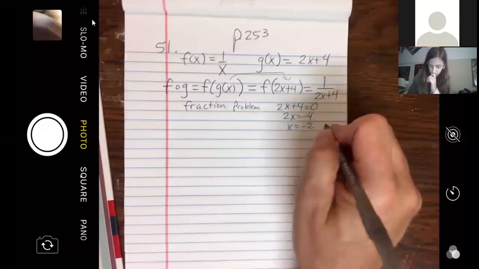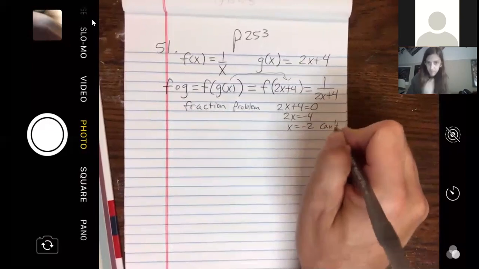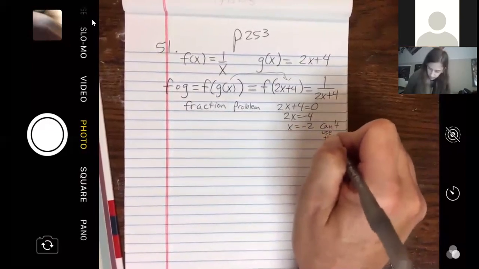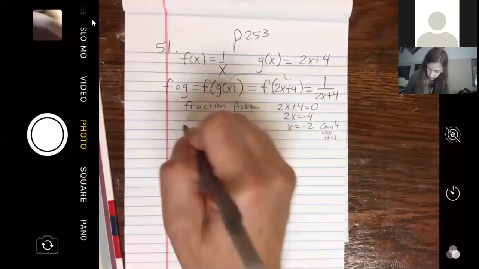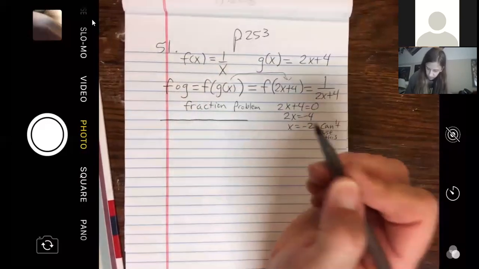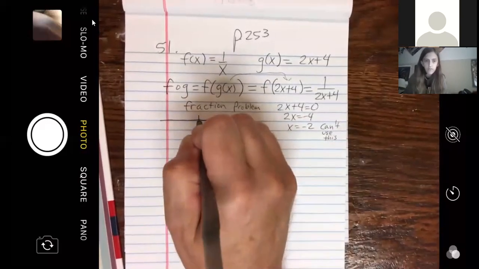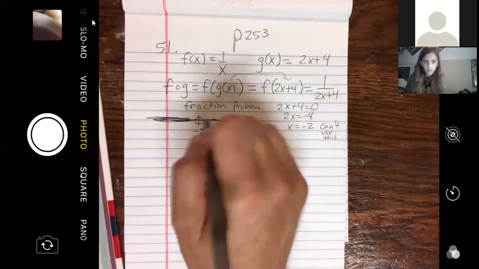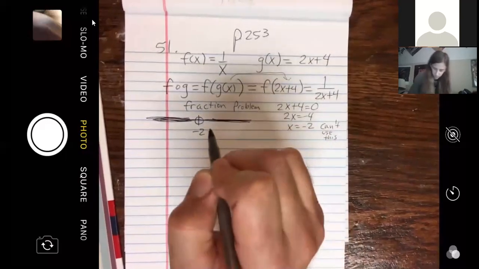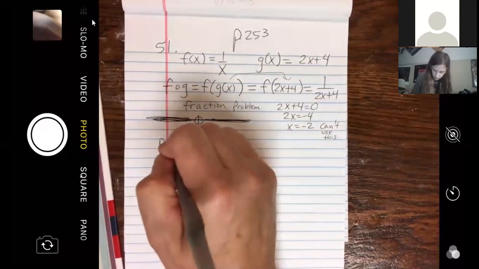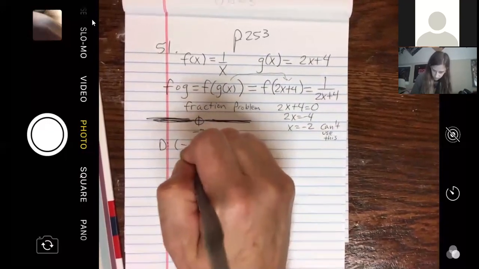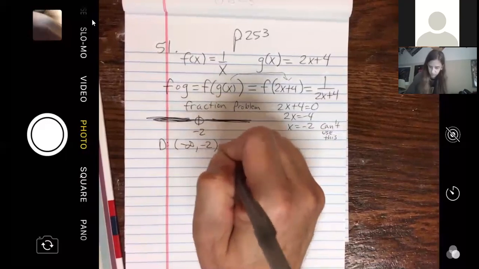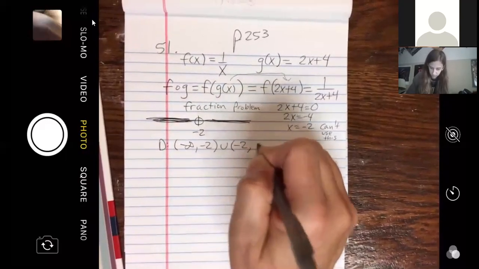So remember, you can't use this. So I can't use negative 2, open circle. Anything either side's perfectly fine. Domain, negative infinity, negative 2, negative 2, infinity.